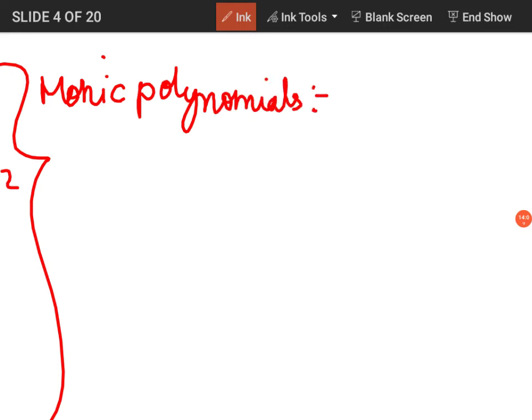What is a monic polynomial? Again, very simple, a polynomial with leading coefficient 1.